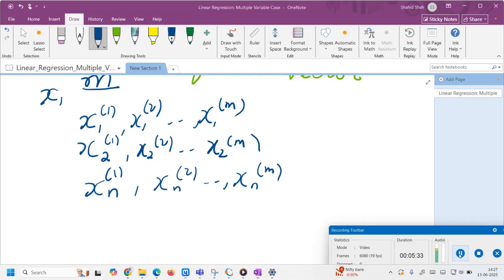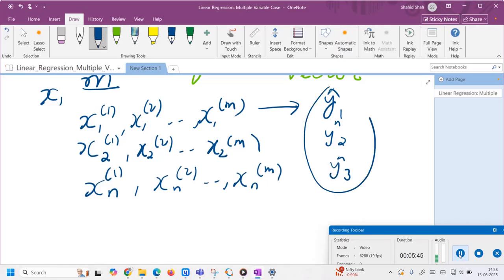And the corresponding output will be, for this y1 hat, for this y2 hat, for this y3 hat, what you will estimate using the regression formula, and the real output will be y1, y2, and ym.